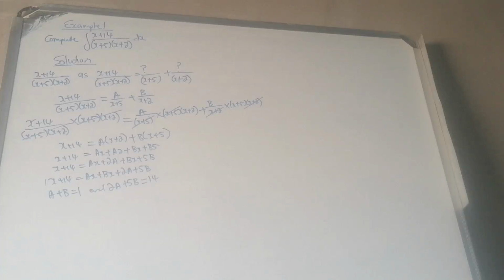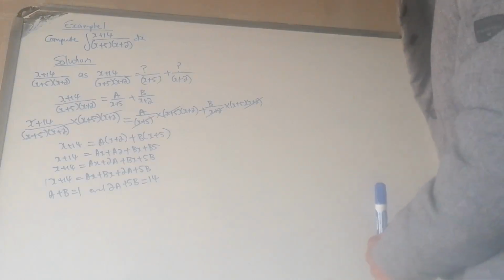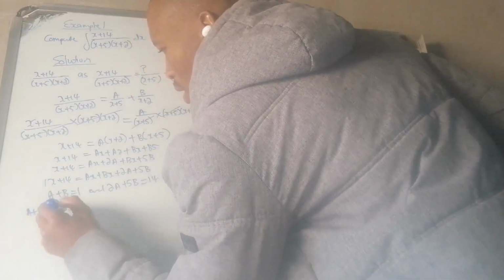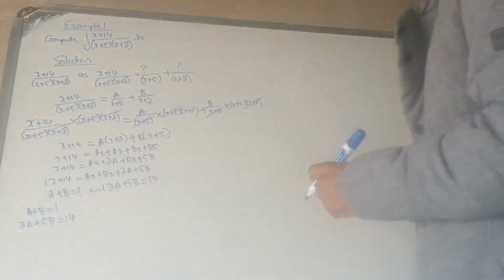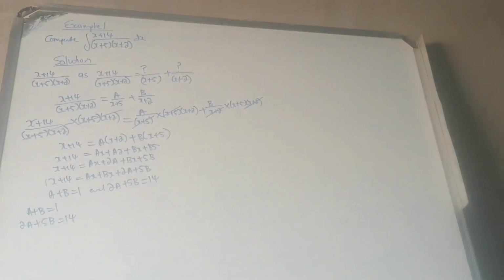And can I solve for this? Because I can say, okay, how do I find A and how do I find B? Let me show you. A plus B equals 1, 2A plus 5B equals 14. So I can use a method of elimination.